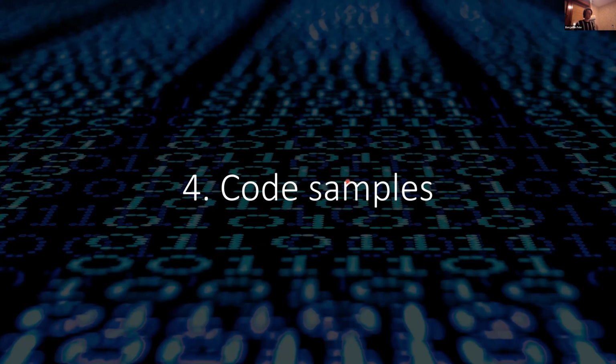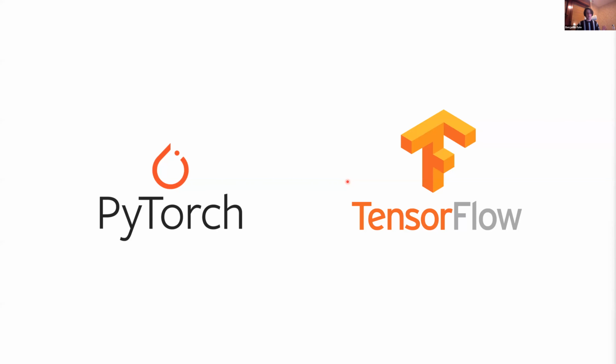Lastly, I want to talk a little bit about how all this is implemented. In short, if you want to do machine learning, or work with neural networks, you usually want to use a GPU.